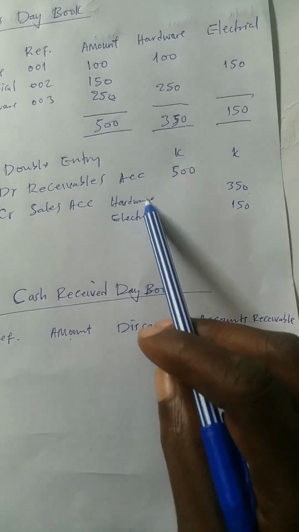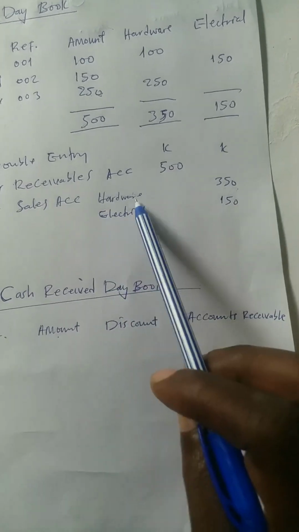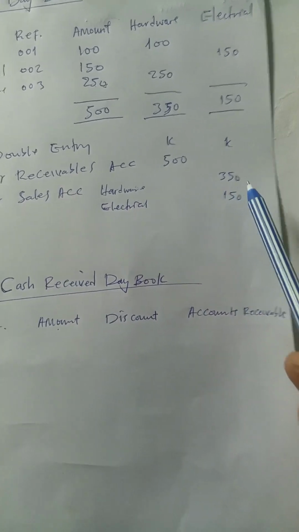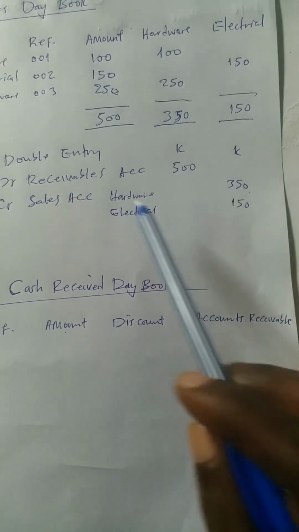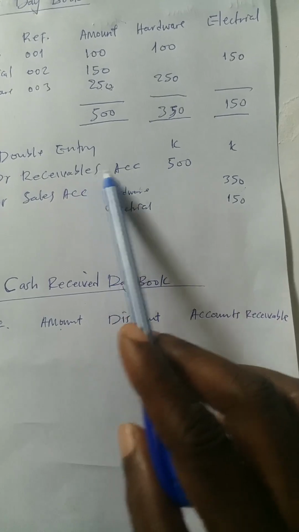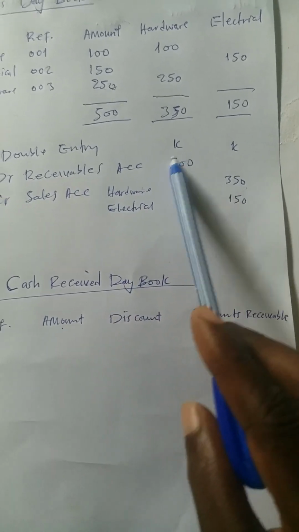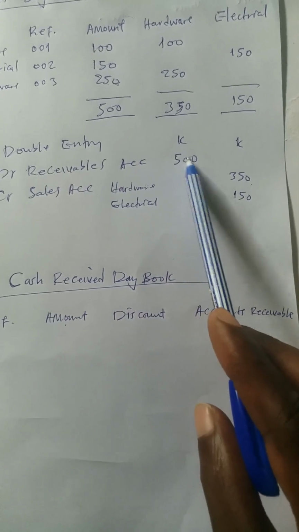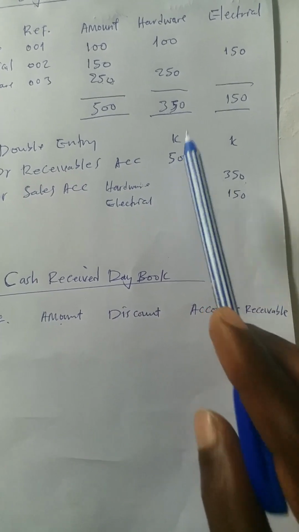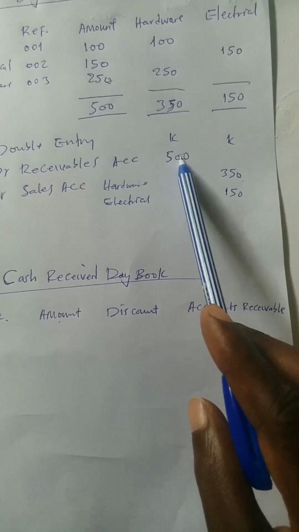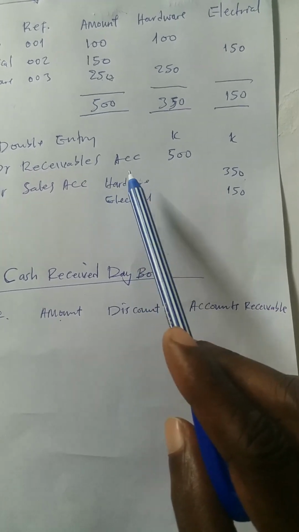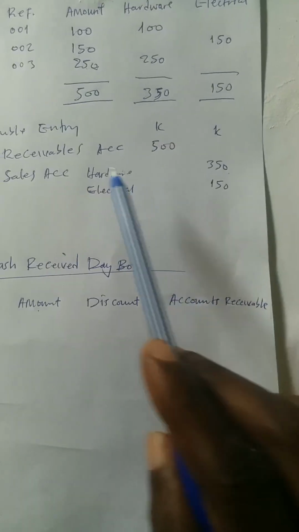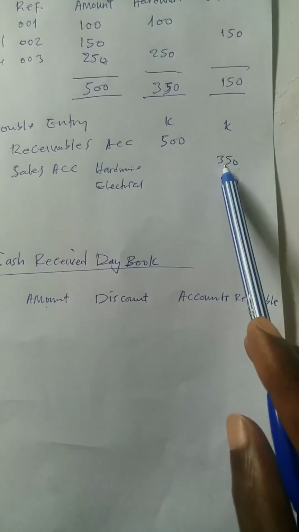But if you want to record them separately, they are both going to be on the credit side, 350 kwacha and 150, and the account you are going to debit is the receivables, because this is an asset you've sold. You are expecting this money, so you are going to debit. Receivables we debit because they are current assets, and then all sales, because they are special income or income, we credit. So that's why even our double entry is saying we are crediting.